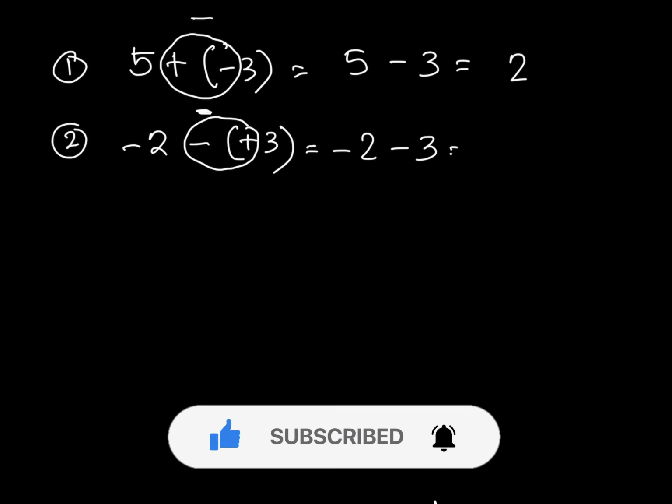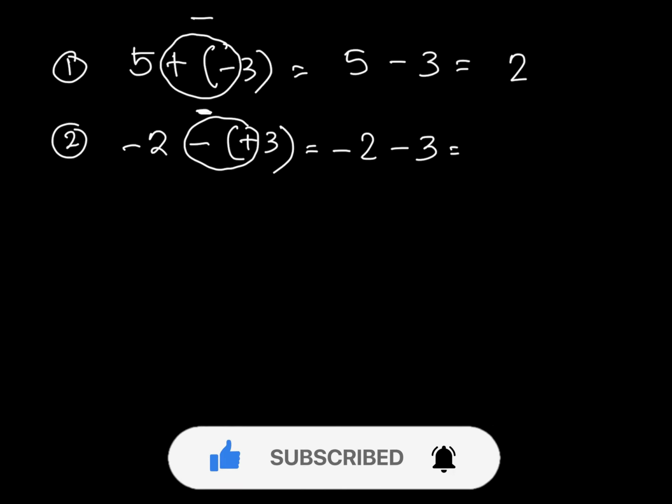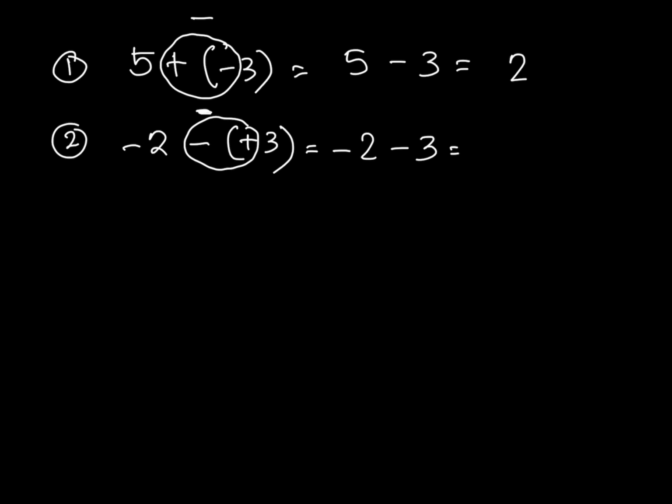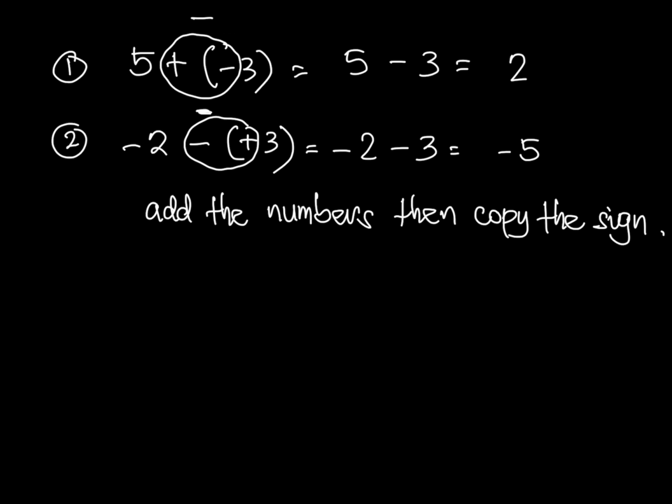In these kinds of problems, if you have two negatives, just add the numbers. Add 2 and 3, which is 5, then copy the sign. Take note of that rule: if you have both negative, add the numbers, then copy the sign.